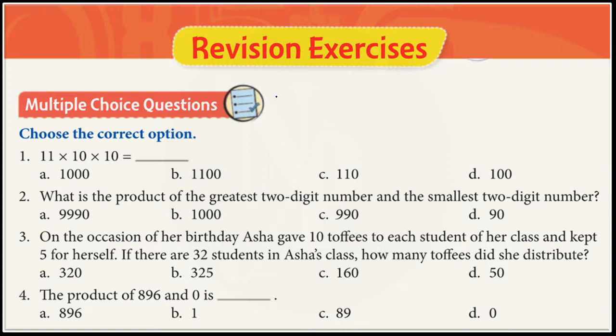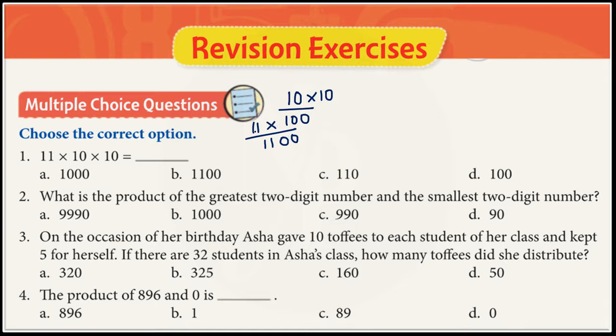So when we multiply 10 by 10, we get 100 as the product, and on multiplying 11 by 100, we get 11 followed by 2 zeros.